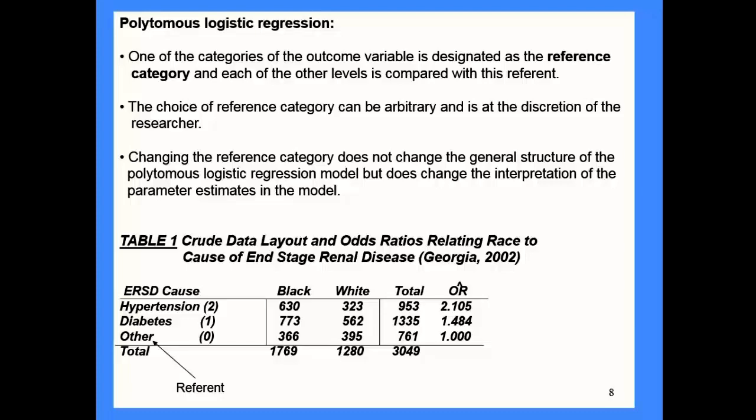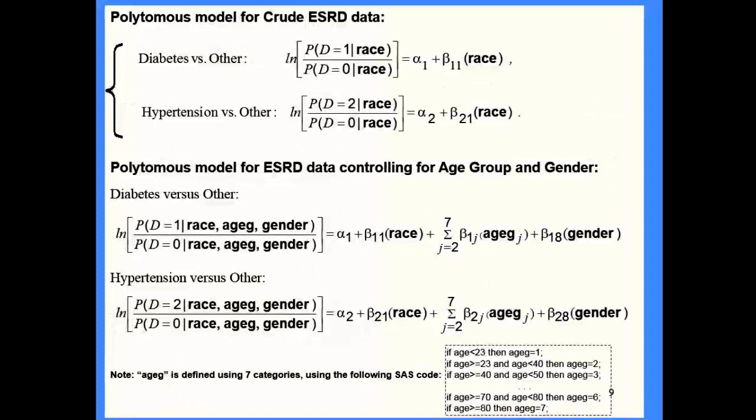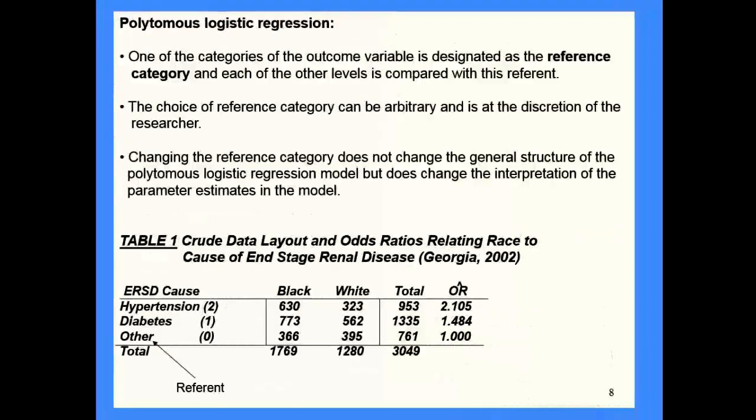So what do you do with this? Well, one way to do this analysis is to get the table, compute these odds ratios, look at whether they're significant, get a confidence interval around them, and draw conclusions. No modeling. You don't have to do modeling if it's just a crude table. If you're controlling for a bunch of other variables, then you have to do modeling.